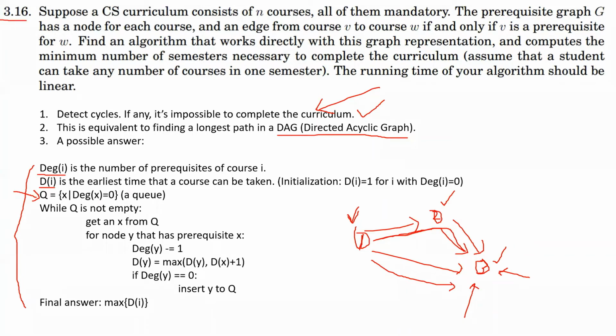After getting node 1, you can update node 2 and node 3, and then you need to update the distance, the degrees of node 2 and 3, and check whether they are available now. For example, here 2 will be available and you need to put it into the queue, but 3 is not. And after this process, the answer is max d_i.